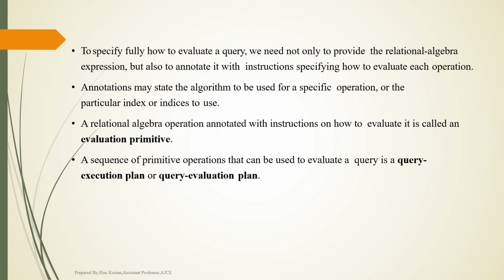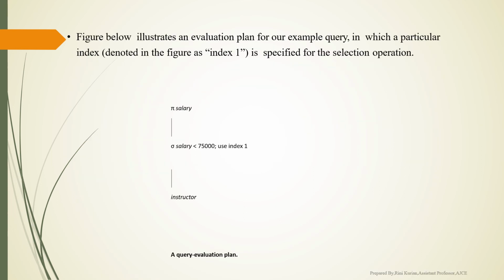A relational algebra operation annotated with instructions on how to evaluate it is called an evaluation primitive. A sequence of primitive operations that can be used to evaluate a query is a query execution plan or query evaluation plan. The figure below illustrates an evaluation plan of our example query.